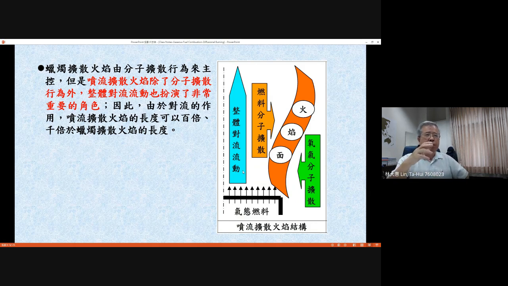But before we jump to detailed descriptions of the variation of a jet diffusion flame, we need to go back a little bit to review the cold flow structure for a given cold jet.